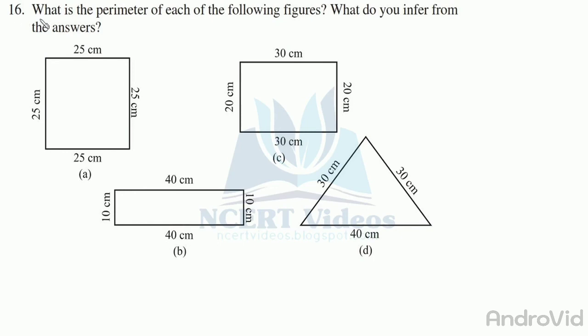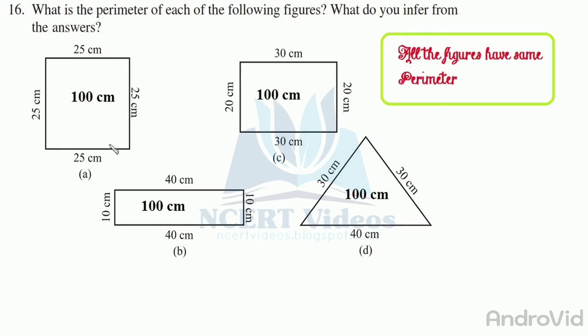16. What is the perimeter of each of the following figures? What do you infer from the answers? Now you can see here 25 into 4 times, it is a square, 25 into 4 is 100 centimeter. So you get 100 centimeter perimeter.